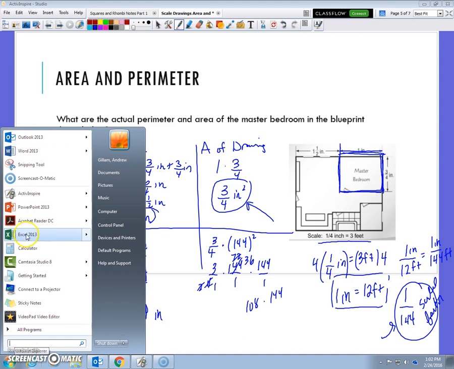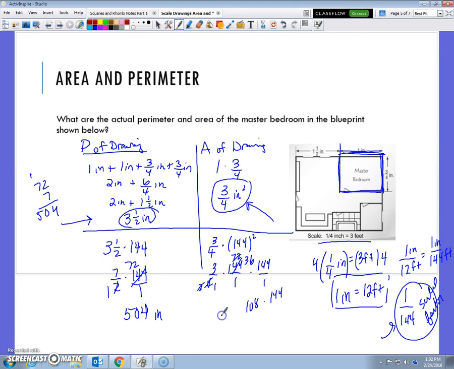I'll just have to use the one I've got right here in front of me. 108 times 144 equals 15,552 inches squared.